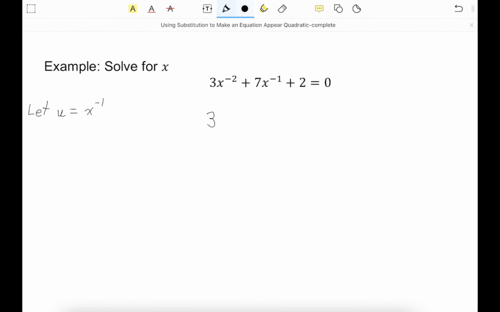So this gives me 3u squared plus 7u plus 2, that equals 0, sorry.